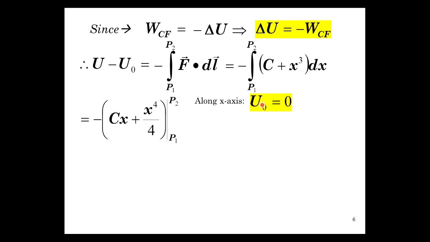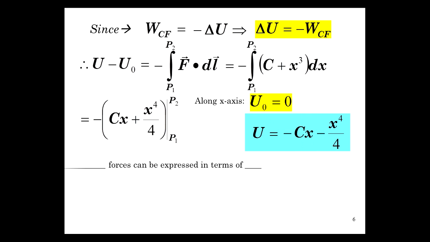There is no potential energy at the beginning at x equals 0 because there's no spatial extent through which that force can act, because it's at the reference point, just like 0 gravitational potential energy at our reference elevation level, perhaps on the ground. Same idea. So therefore, U is equal to minus cx minus x to the fourth over 4.